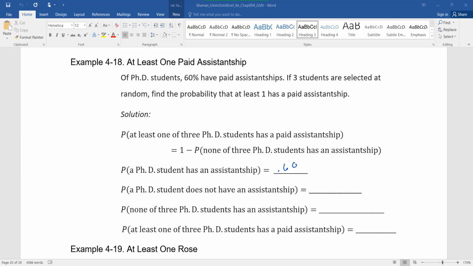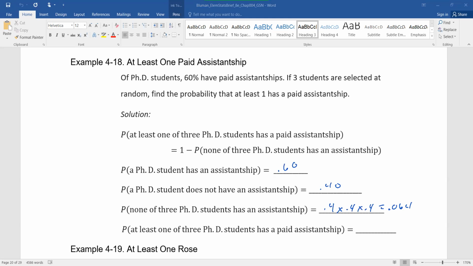None of the 3 PhD students having an assistantship is 0.40 times 0.40 times 0.40, which gives us 0.064.